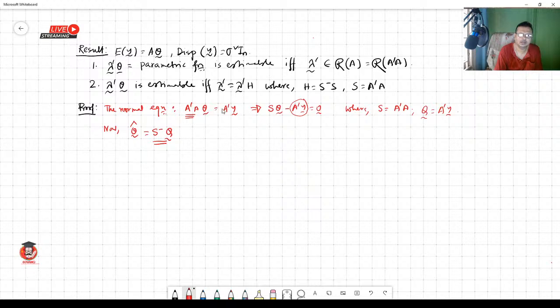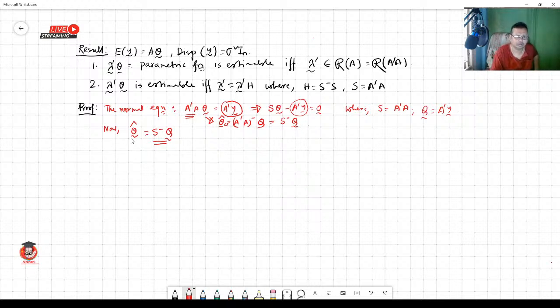See, theta curl hat equals, from the normal equation, G inverse A prime y curl. A prime y curl is q curl. Just see, this is a particular solution. I denote this by theta curl hat, because I denote A prime y curl by q curl, and so this is equal to G inverse q curl.